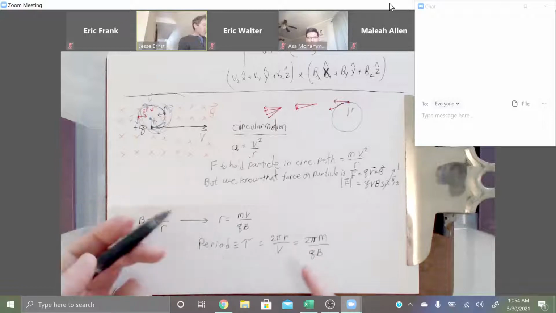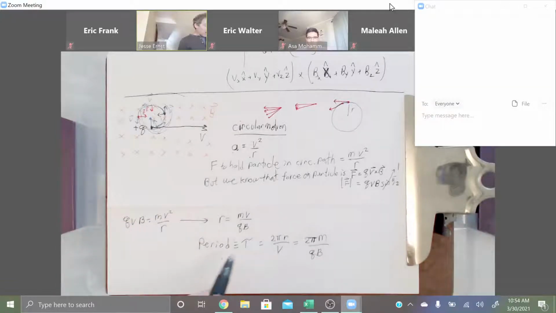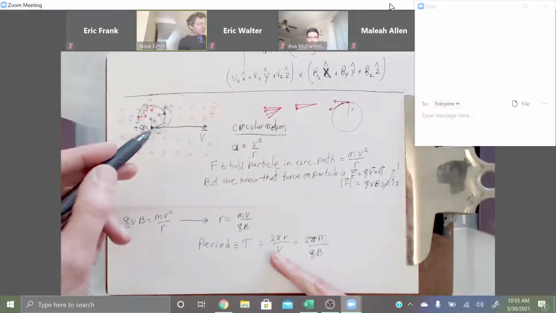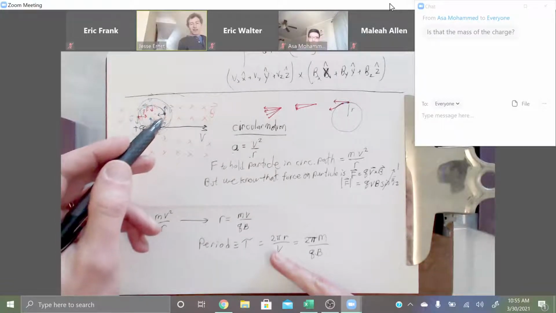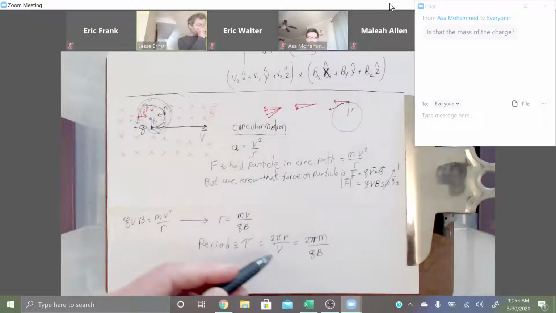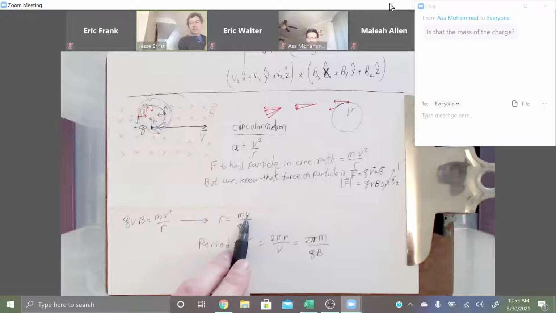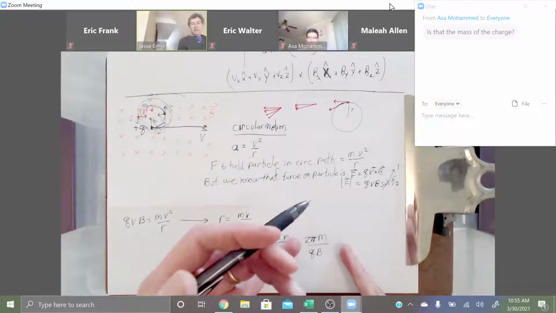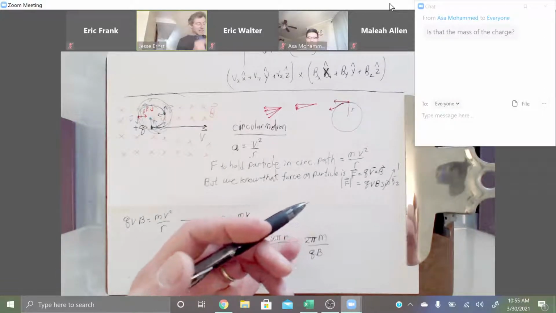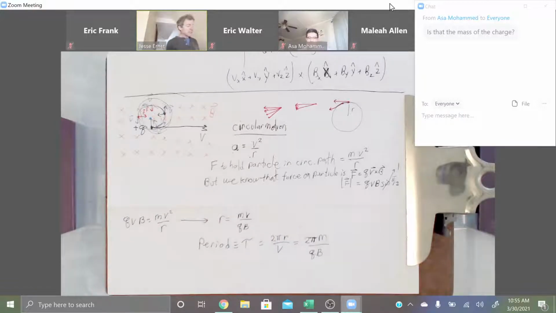And you can see why, because if the thing is going twice as fast, then of course you would think, well, it's going twice as fast, it should take half as long to get around. But if it's going twice as fast, the radius that it has to travel in will also be twice as big. So they exactly cancel, and the period around is independent of the speed of the particle.